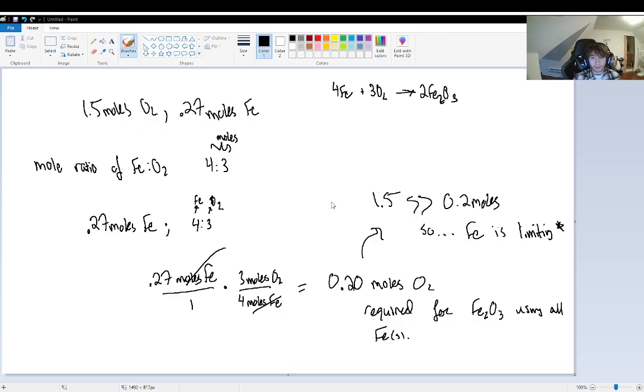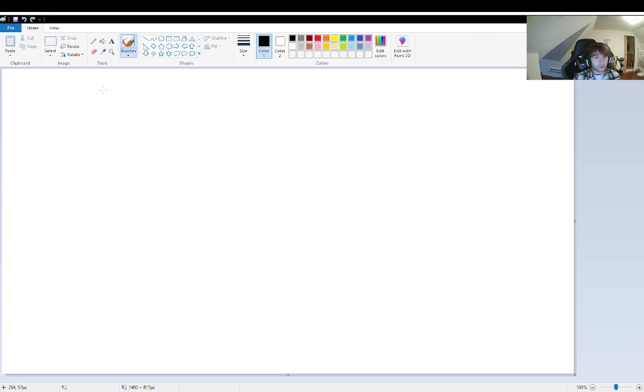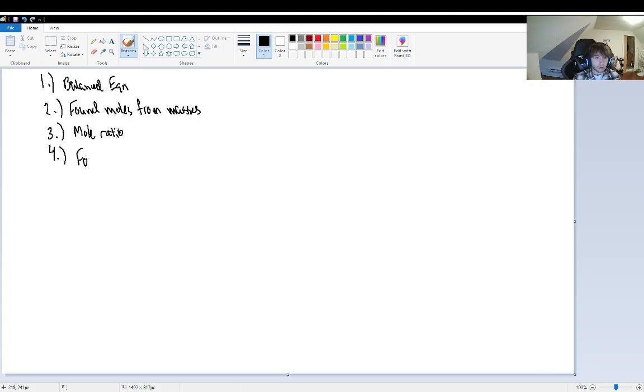But we're not done yet. Usually when questions ask you to do this, we did the balanced equation, found moles, masses, then we did the mole ratio, and found the limiting reactant.